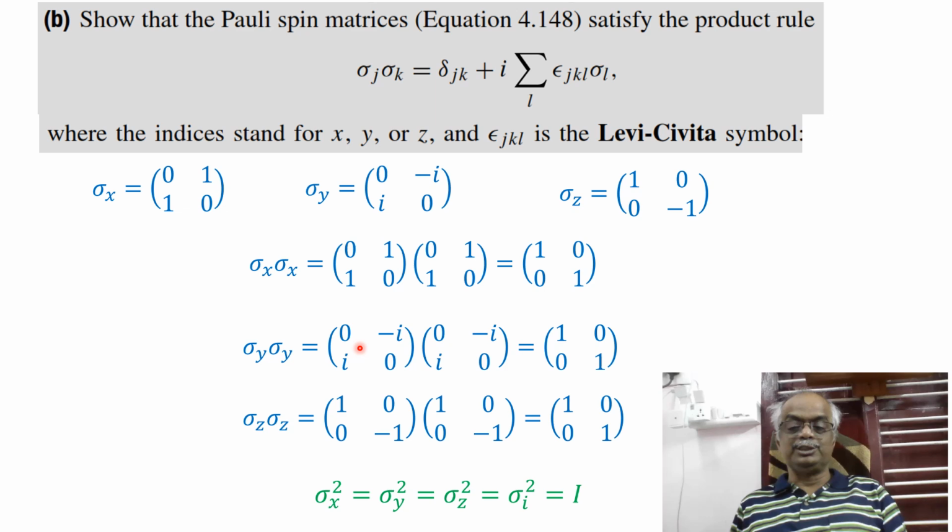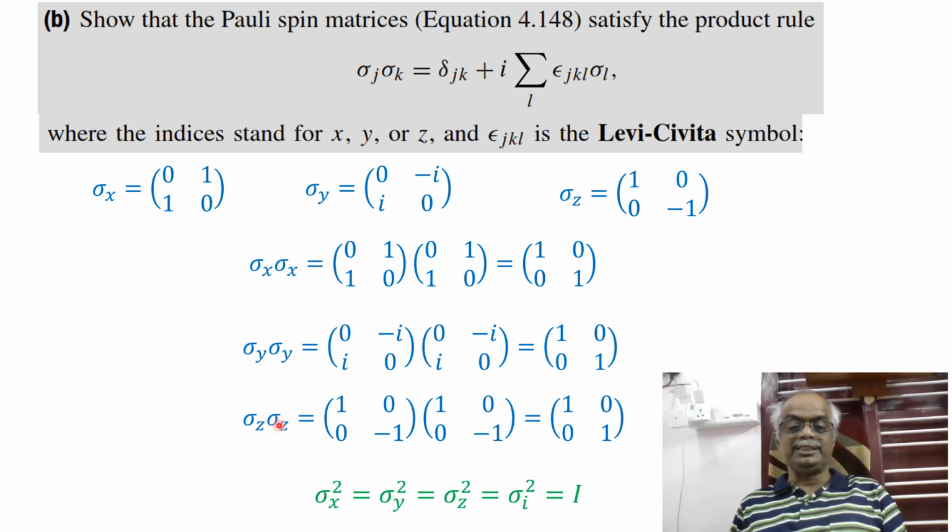Multiply this: 0 I 0 0, minus I into 0 plus I. So I into minus I into I is minus I squared, which is 1. So same is the case for the second row and this one. So this will also become 1 0 0 1. It's a simple and straightforward multiplication.